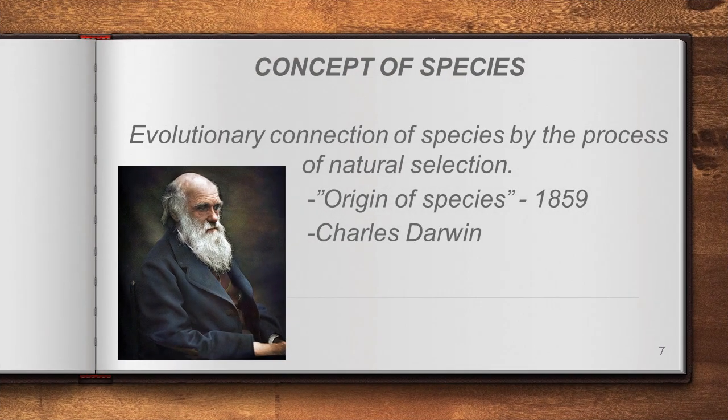And next is Charles Darwin, one of the very famous and familiar evolutionists. He connected the word species with evolution. His book is Origin of Species, published in the year 1859. His concept is the evolutionary connection of species by the process of natural selection.